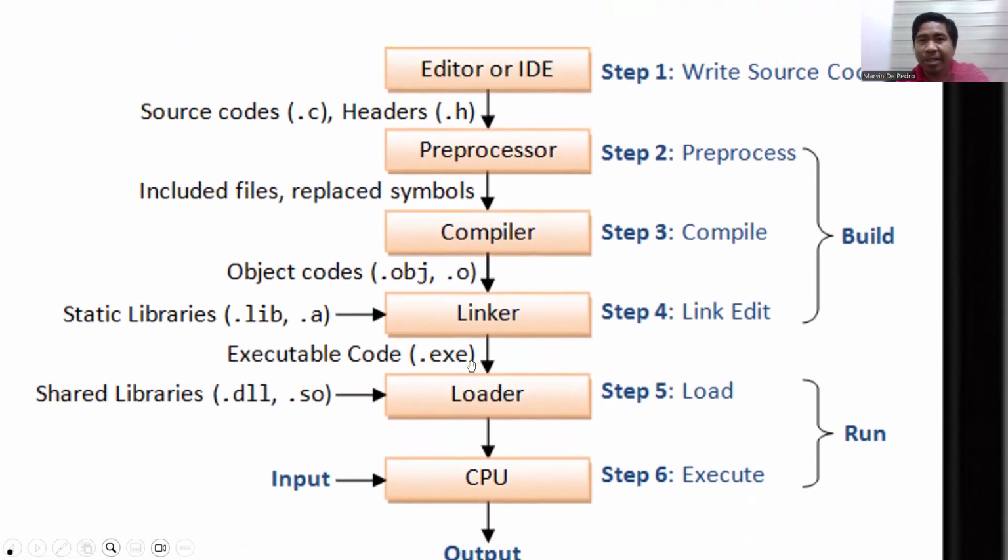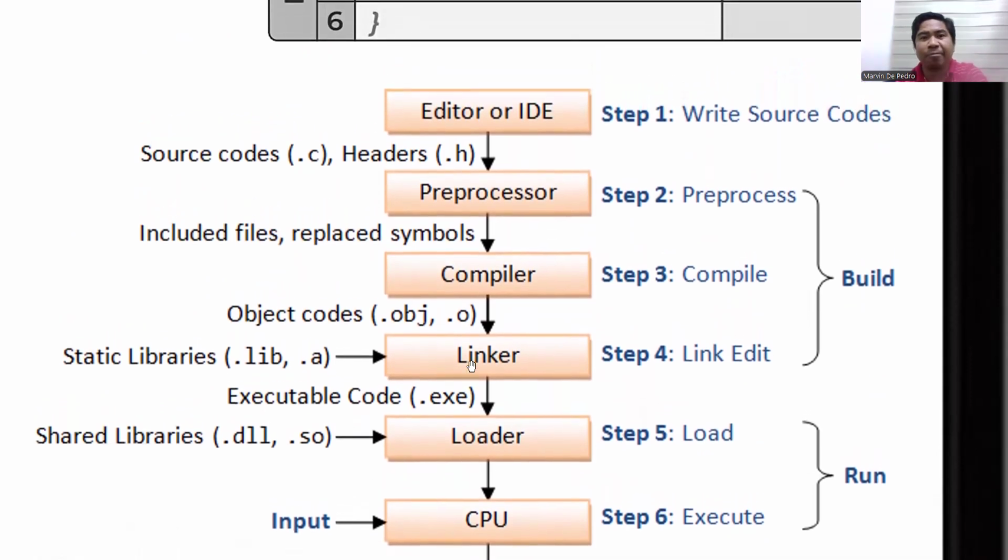So in summary, here are the stages from writing up to executing our C program. We write the source code, we preprocess, we compile, and we link edit, and that is actually the entire build process.